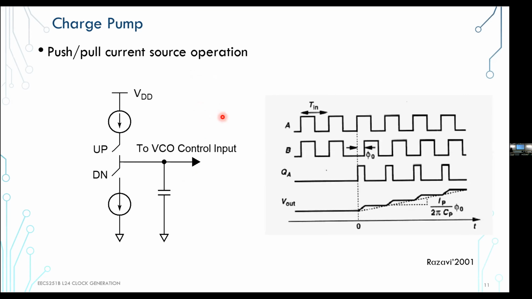And so based on these, you will integrate or discharge the capacitor from these two current sources. That way you're turning the pulse width of the phase detector into an average voltage. You're collecting the charge under the pulses as they're going through.